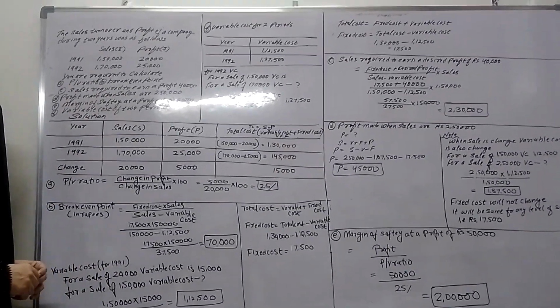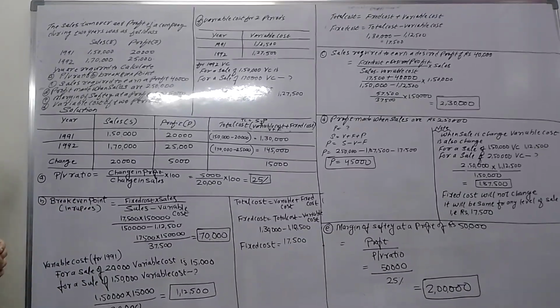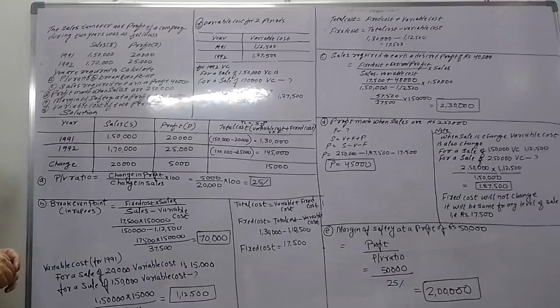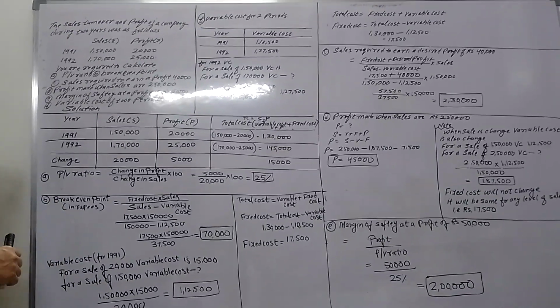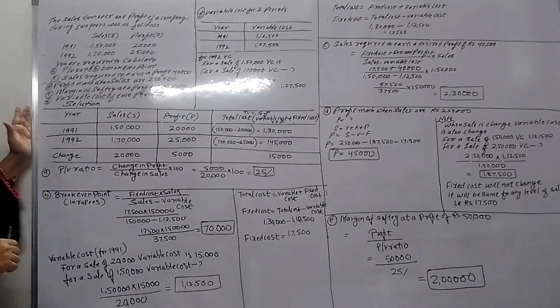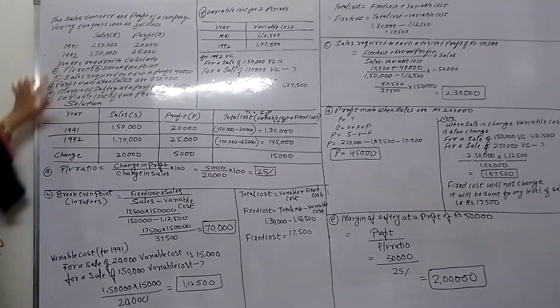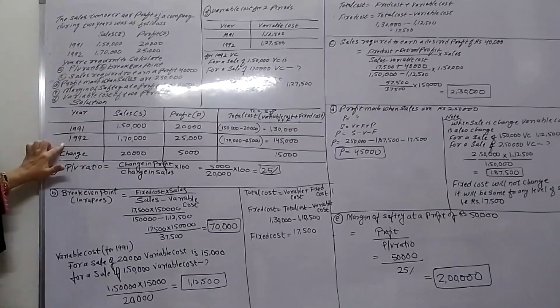Now for calculating PV ratio, break-even point, and sales required to earn a profit, first we make a statement, and under that statement we make columns. In the first column we take year 1991 and 1992.